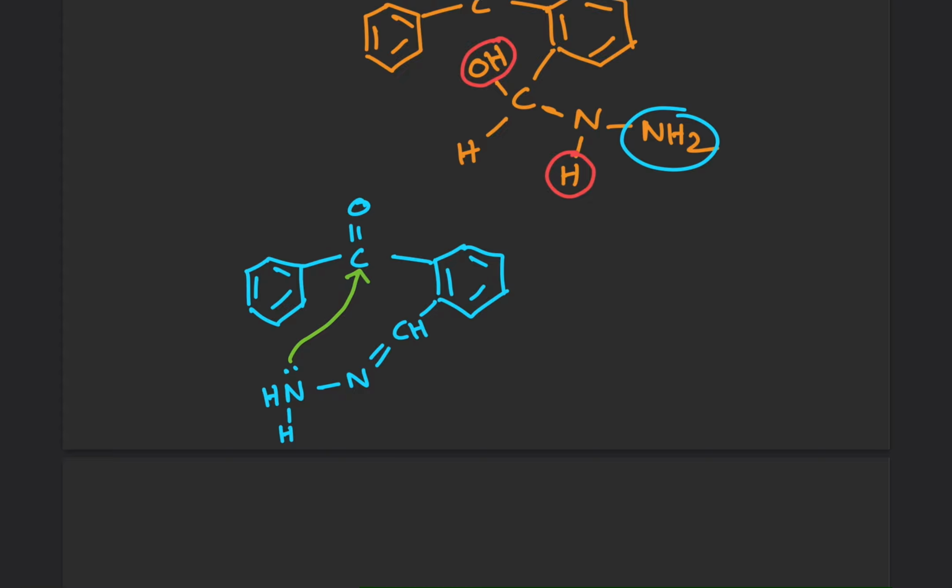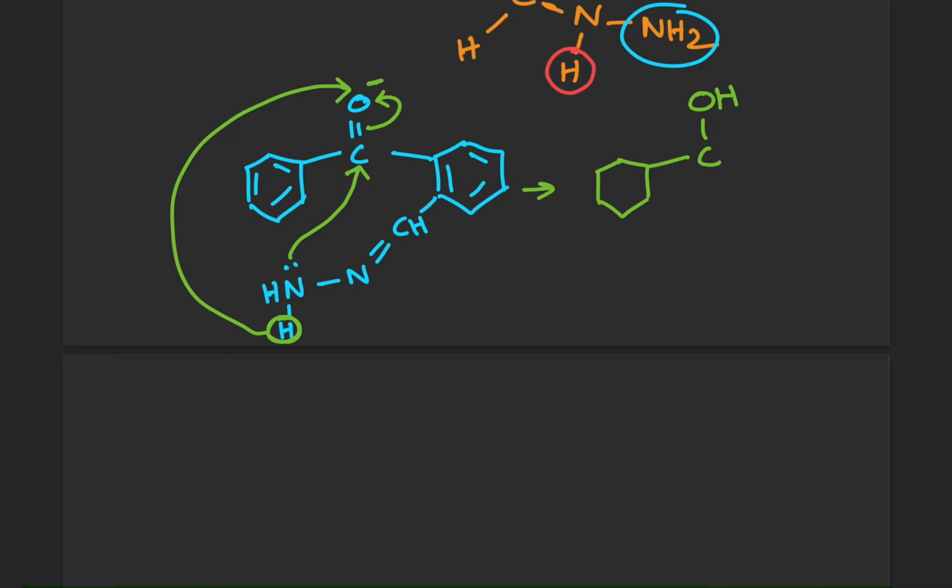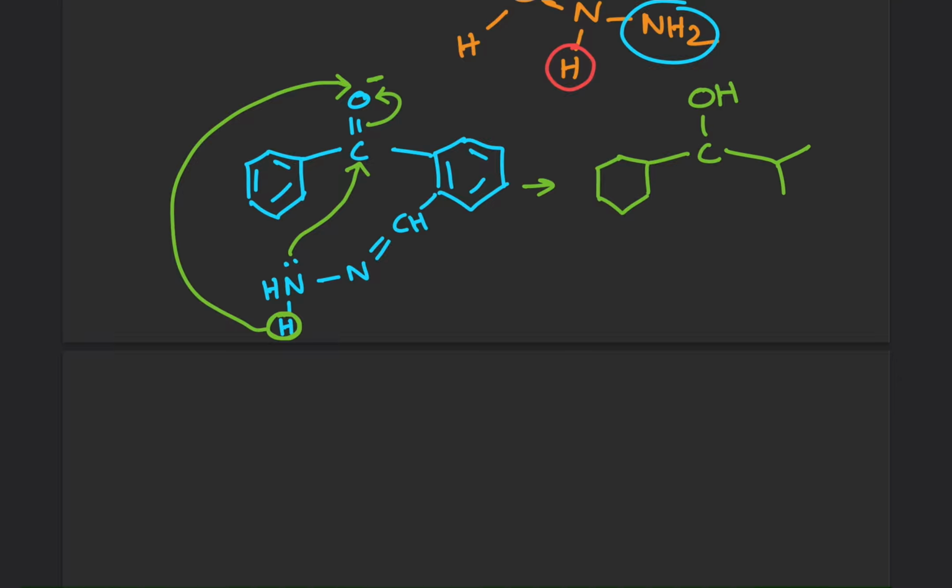Because of this attack, we will get a benzene ring, C. Obviously, oxygen will take these electron pairs as lone pairs, therefore it will have a negative charge, and this H will go and be a part of this O. So therefore I will have COH, benzene ring.